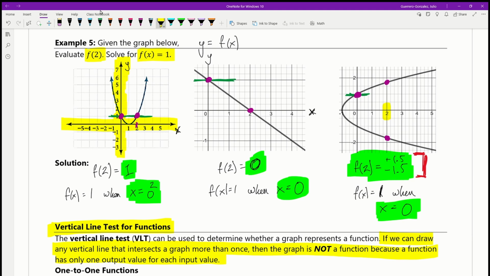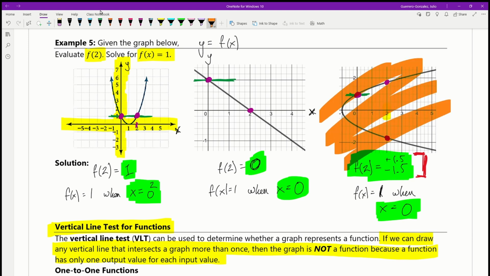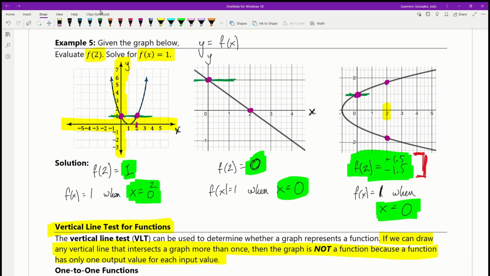Because what we have is that for every input, there's more than one output. Okay, so case in point, this last example that we did right here. Notice that there's one input and there's two outputs possible. This is not a function.